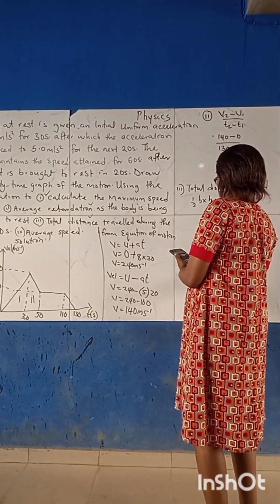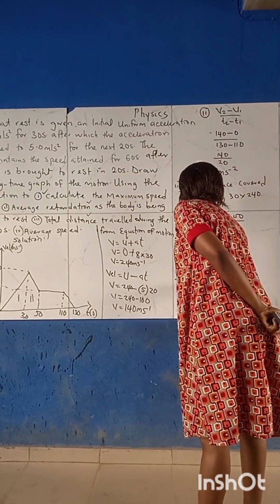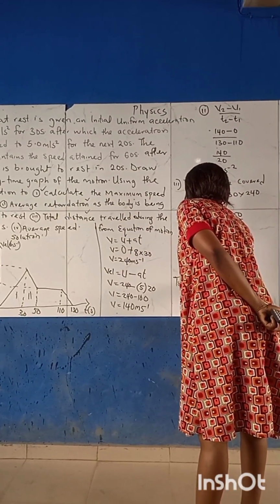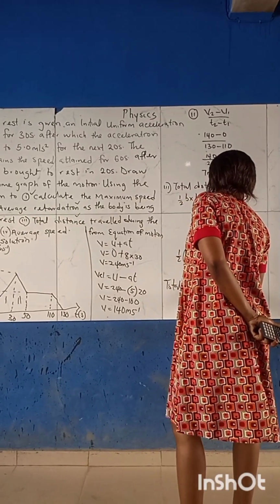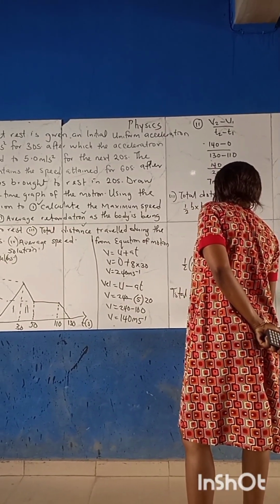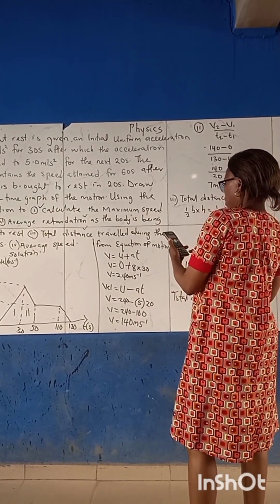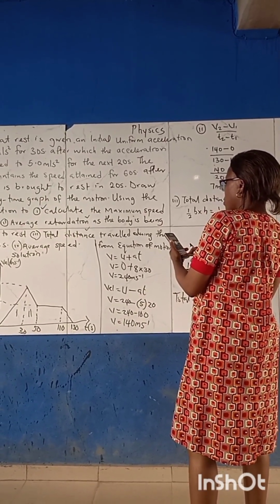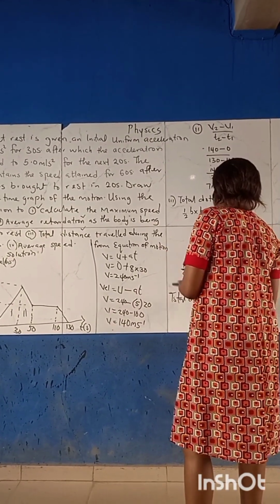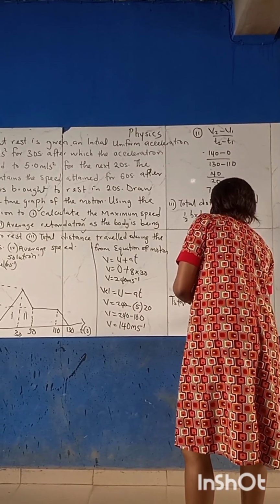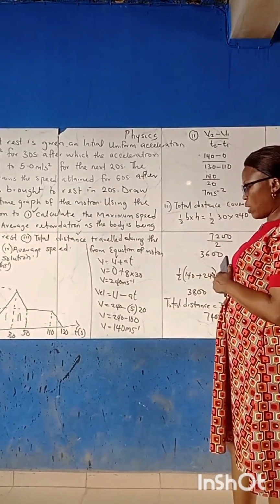That's 3,800. Now, the total distance covered equals 3,600 plus 3,800, and that's 7,400 meters. Please, I think you are following me.